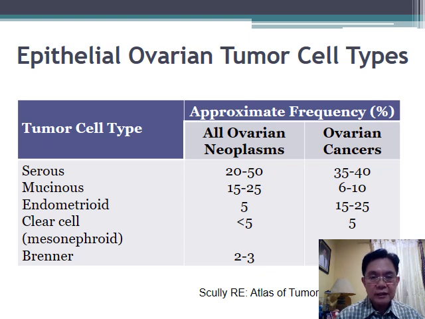Or is that right? No, it is wrong. In terms of malignant ovarian tumors, the most common is still your serous, now followed by endometrioid ovarian cancers, then you have your mucinous and your clear cell. Brenner tumors are rarely malignant.